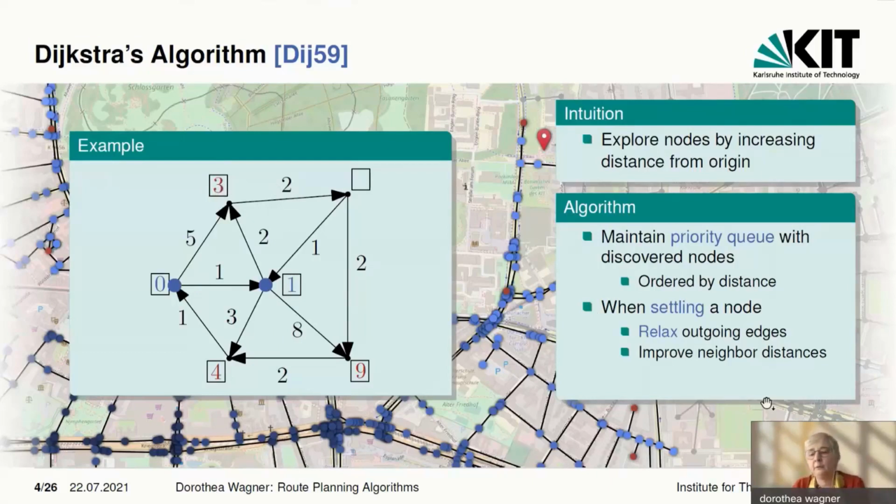So this is meant when we say improve neighbor distances. And if we continue like that, we next find this node at distance 5 to the source node, and then we relax this node, and so on, and we can end if we have inspected all the nodes.